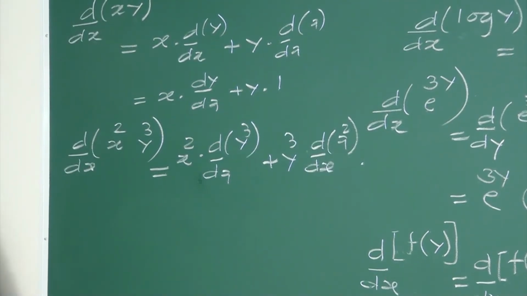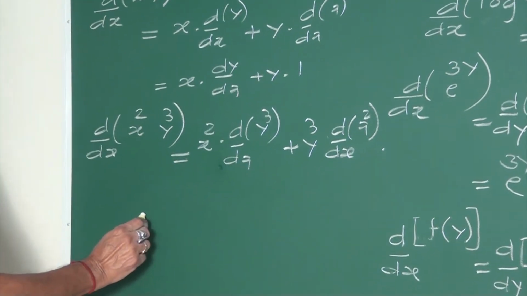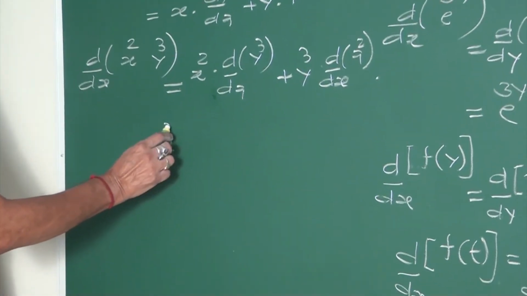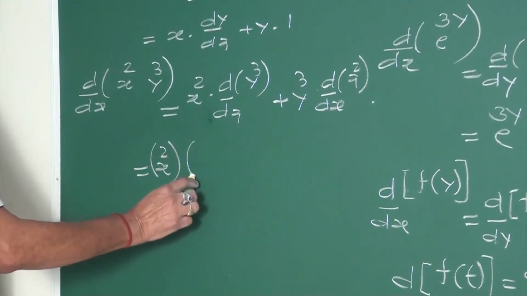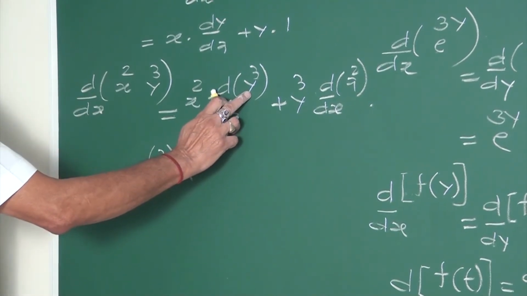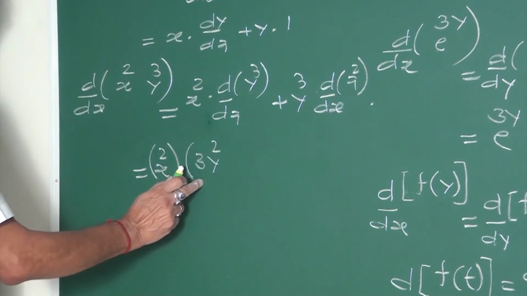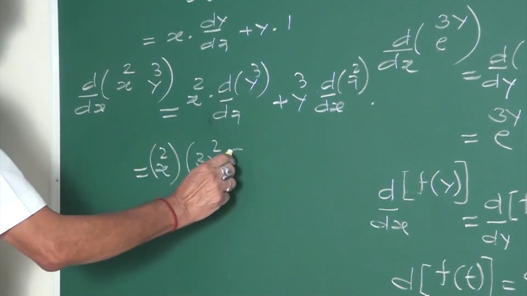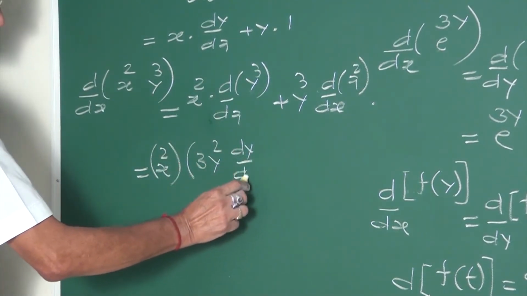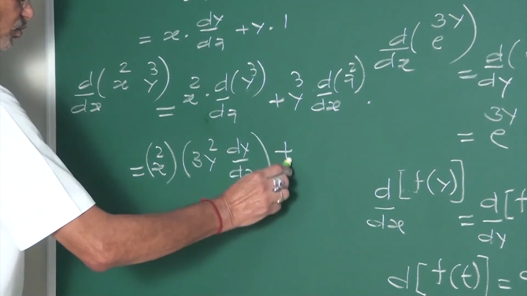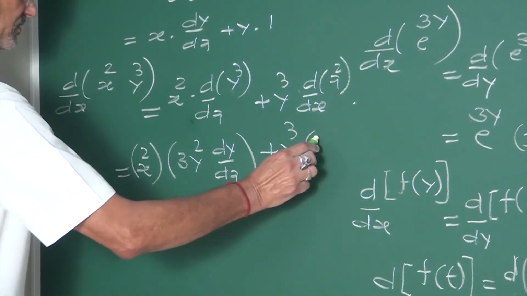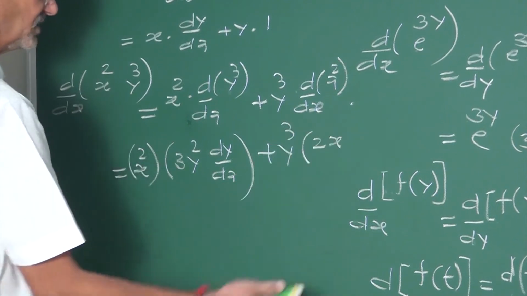Use bracket. First with respect to y, power 1 less, it is 3y square. Is it x? No, right, so its derivative into dy by dx. Plus y cube into, now what is the derivative of x square? 2x.